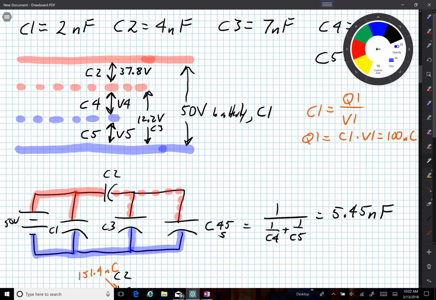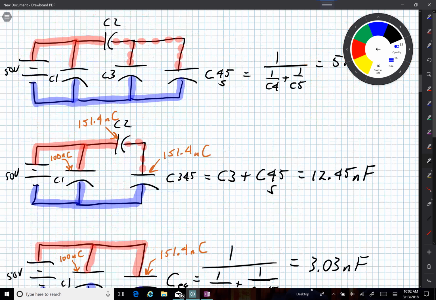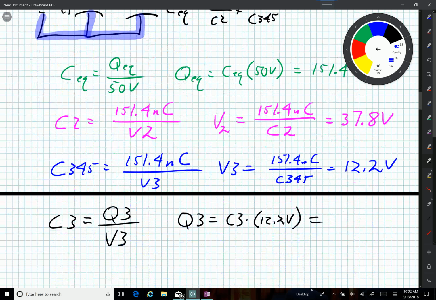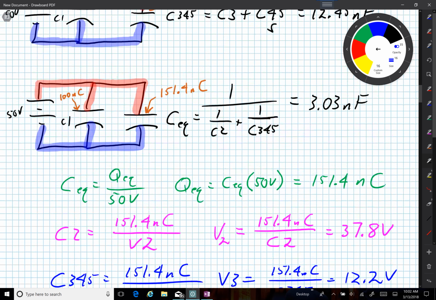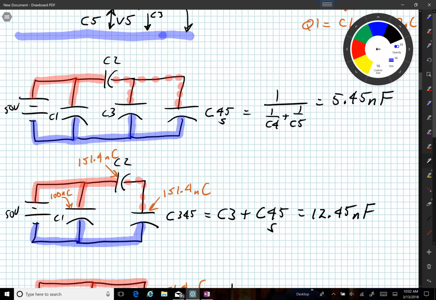C3 was 7 nanofarads. So we have 85.1 nanocoulombs. That's the charge on capacitor C3. So let's put that at 85.1 nanocoulombs.